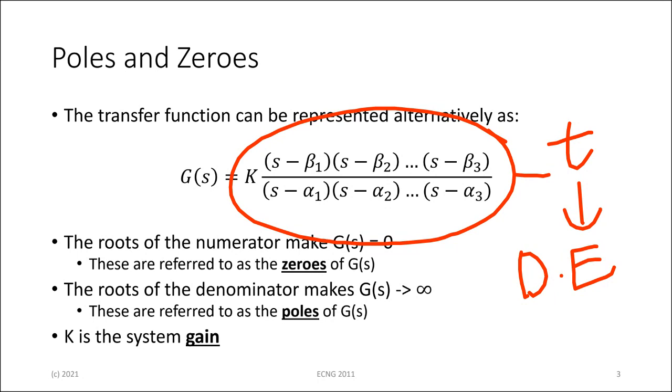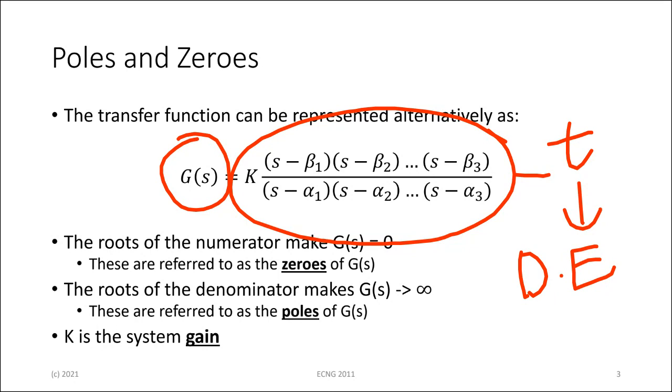From this expression, we can immediately see that certain things are strange about it. Certain values make the numerator go to 0. In other words, this model, which comes from our differential equation, says that the system will shut down. And if the denominator gets certain values, which are the alpha values up there, it causes the system to misbehave and want to go to infinity, explode, and destroy itself.